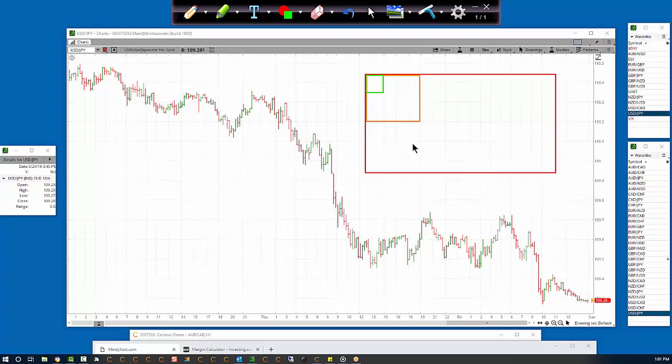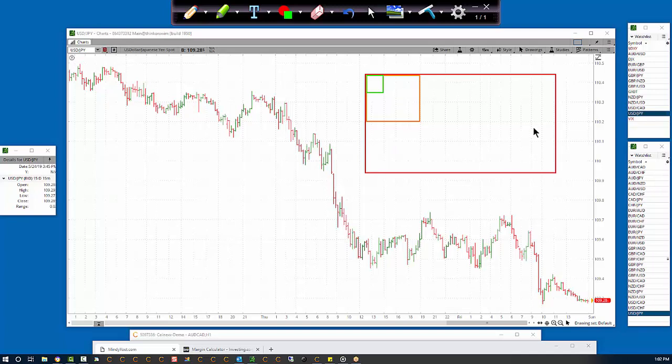And this is why I can go out there and buy one lot of USD JPY, and my broker only charges me like $250 to be in that trade, but I am controlling 100,000 US dollars, right?